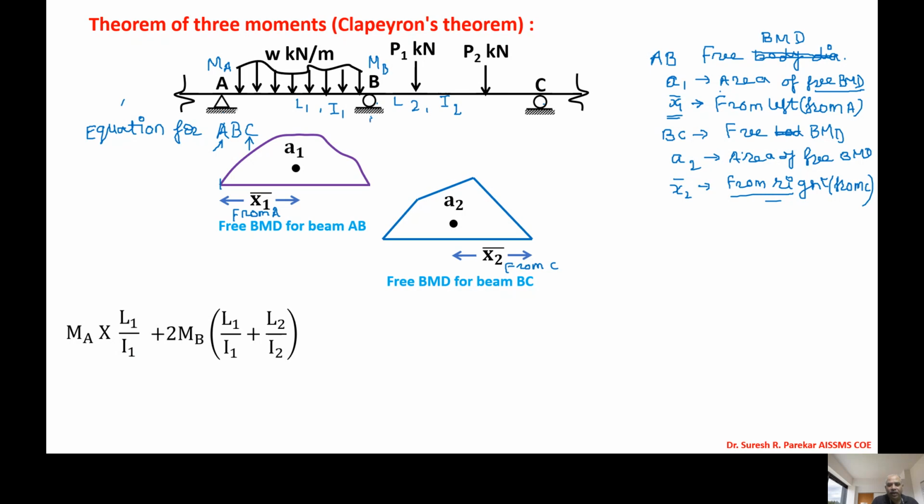So it is taken twice, plus MC into L2 upon I2. So this is the left part.